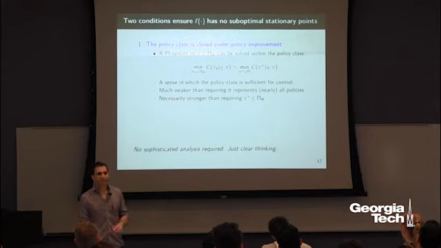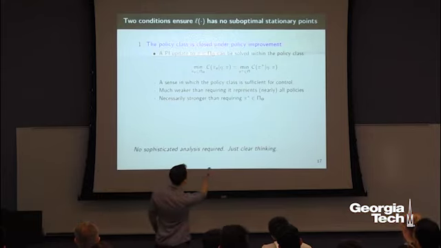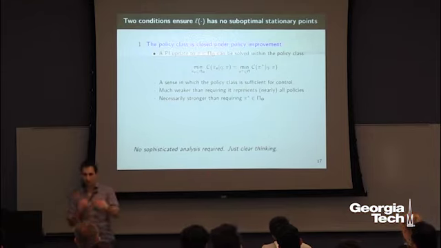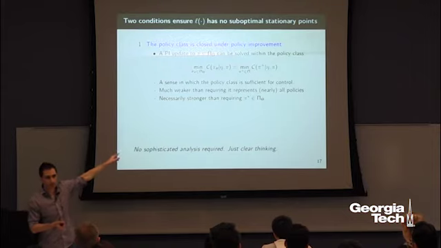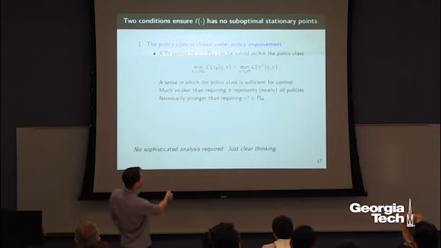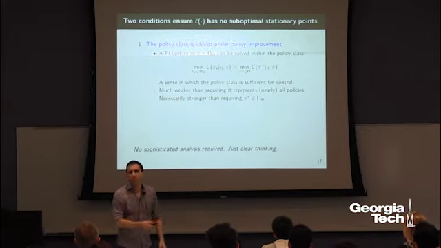Instead, what I hope is that the policy class is aligned enough with the objective that I can solve certain decision problems within it. Now, what we'll come back to at the end, if there's time, is adding an epsilon here and seeing whether all stationary points are nearly optimal.